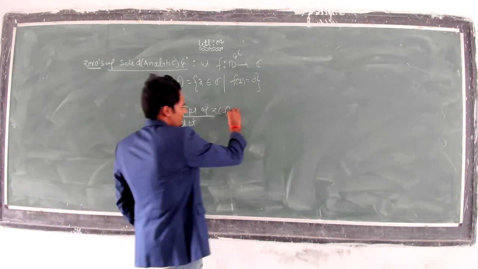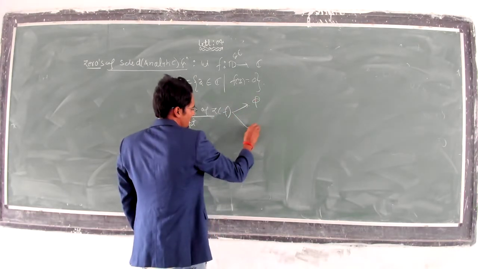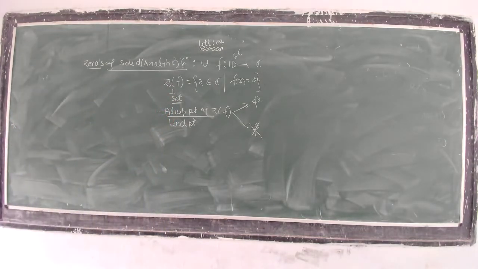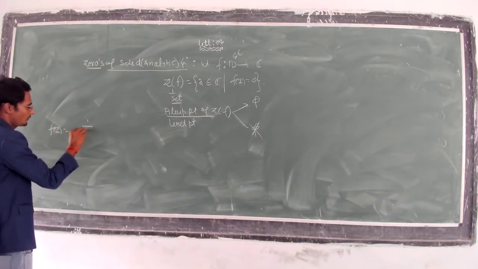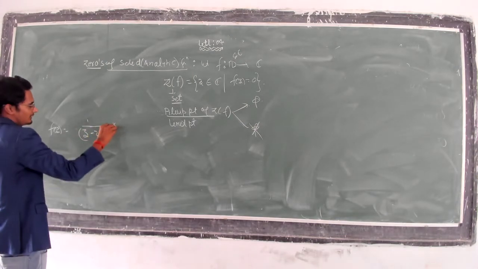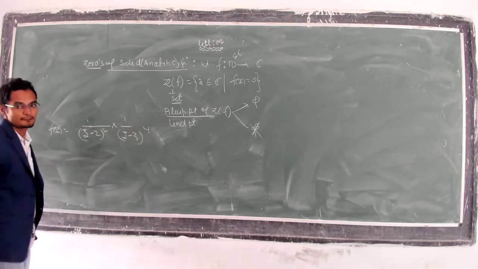So there will be two cases. Maybe it is 5 or it is not 5. Right? Two cases are possible. For example, f(z) equal to 1 upon (z minus 2) whole square into 1 upon (z minus 3) whole power 4.